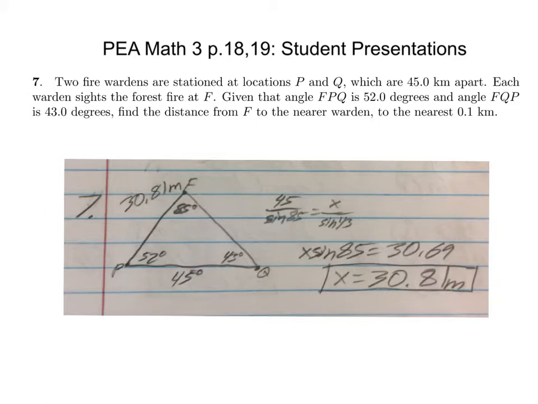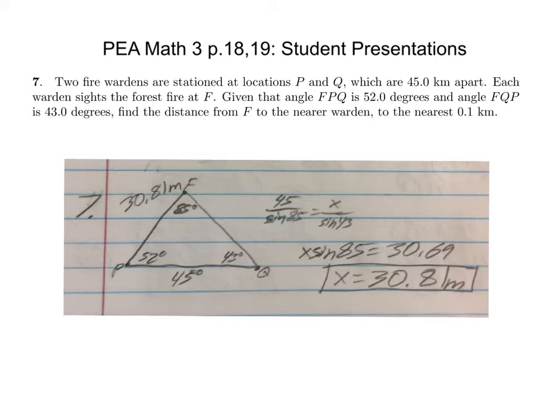So you would do 45 divided by the sine of 85, and then you'd use a proportion to make x over the sine of 43, because you're trying to find what that side would be. And so when you multiply that out, it would be x sine of 85 equals 30.69.